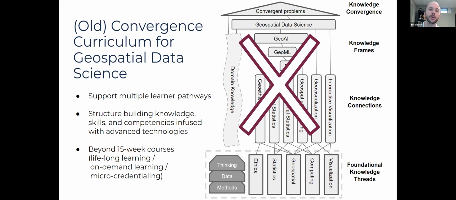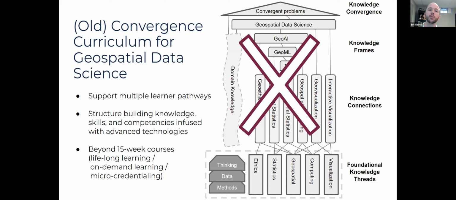Or perhaps computing, where a traditionally trained GIS expert wouldn't have a significant amount of training, and then build themselves up in terms of their competencies and experiences so that they can be an active participant in geospatial data science.